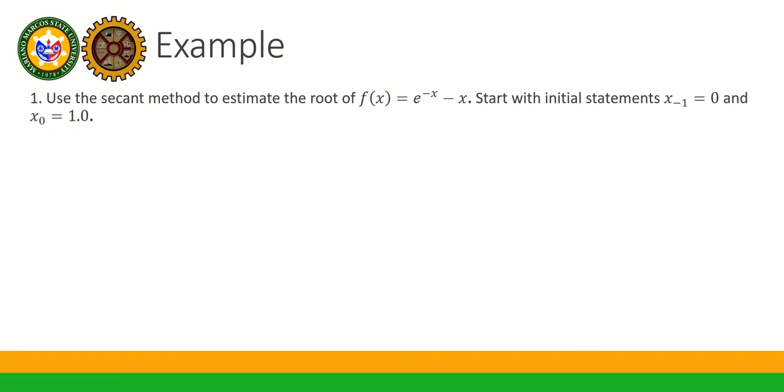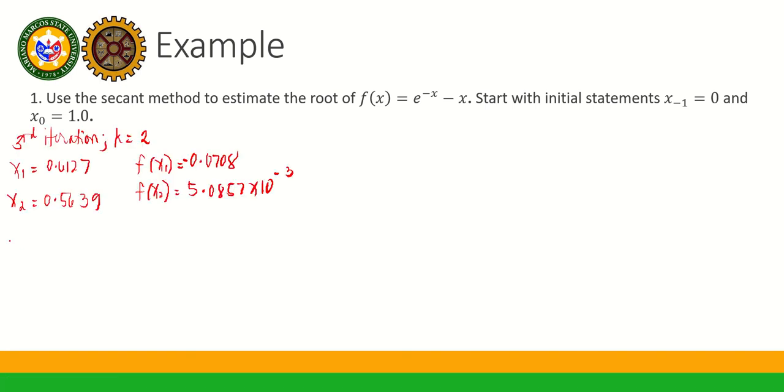So, x sub 3 natin will be si x sub 2, 0.5639 minus si f of x sub 2 natin, that is 5.0857 times 10 raised to negative 3.